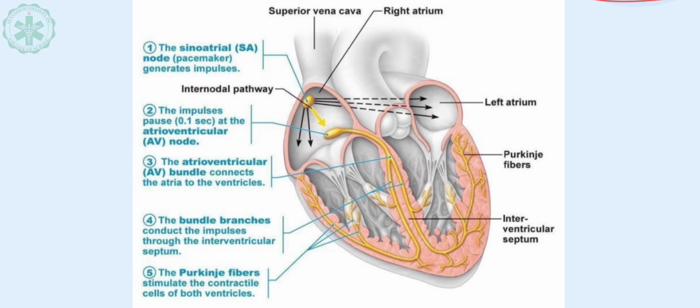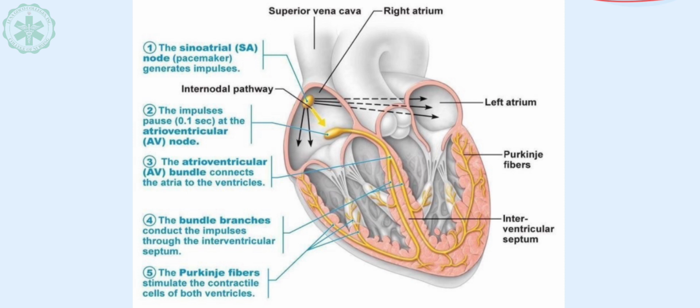From the AV node, the impulse then progresses down through the atrioventricular septum to the ventricular conduction pathways, or the bundle of His, the right and left bundle branches, and the Purkinje fibers. These fibers terminate in ventricular muscle and stimulate contraction.